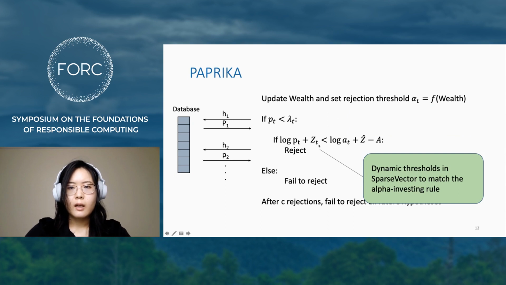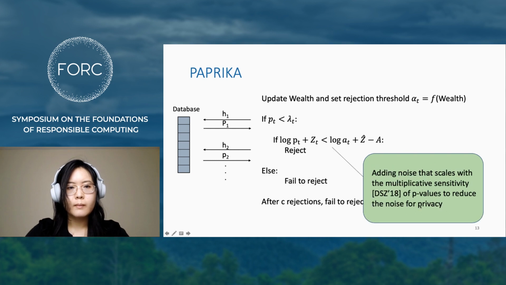And then we have to incorporate dynamic thresholds to match the alpha investing rule, and still show this dynamic threshold does not affect the privacy guarantees. And we are adding noise that scales with the multiplicative sensitivity.